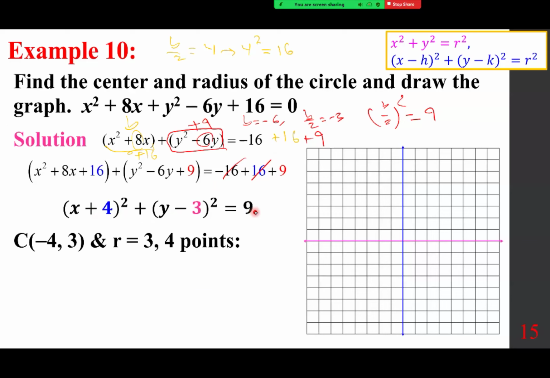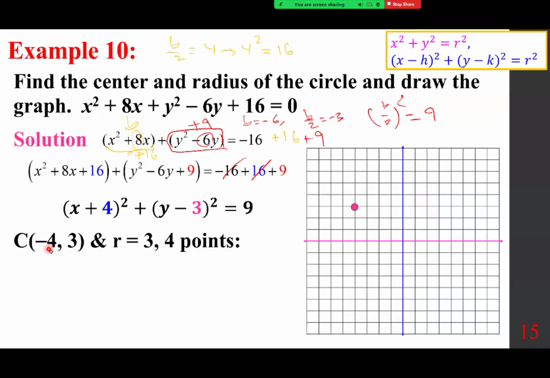So we're going to make up 4 points. The radius is 3. You can keep the x, subtract 3, you get 0, add 3, you get 6. You can keep the 3, subtract 3, you get negative 7, you add 3, you get negative 1.